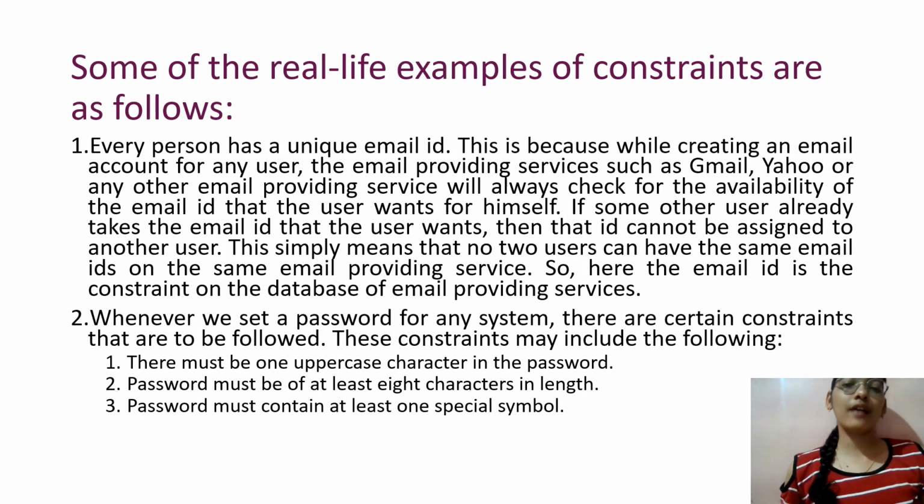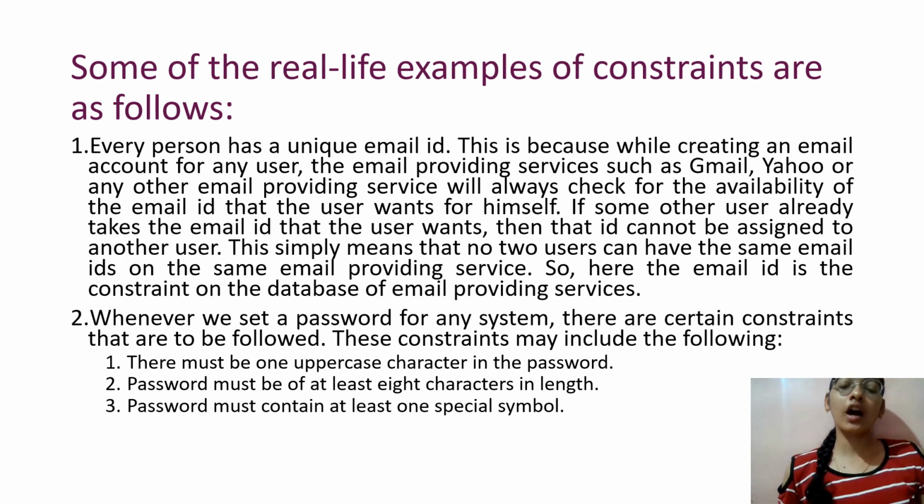Some real-life examples of constraints are as follows. Every person has a unique email ID. This is because while creating an email account for any user, email providing services such as Gmail, Yahoo, or any other will always check for the availability of the email ID that the user wants.